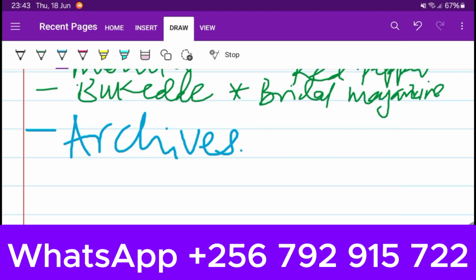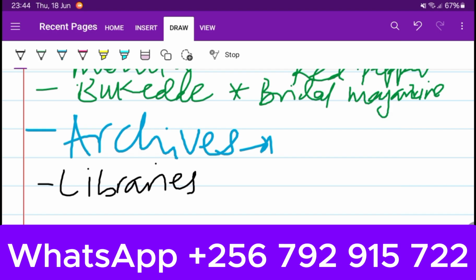Of course, this could be in terms of libraries that have historical data of significance that is important. Of course, can have maybe different books by different authors.